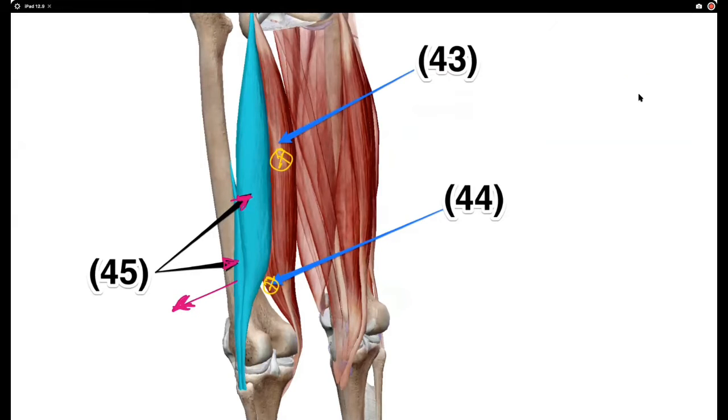Half of its length is a tendon, and we use this fact to name the muscle. If you remember, what did we call it? Yeah, exactly. This is semi-half tendon. We're going to call it semitendinosus.